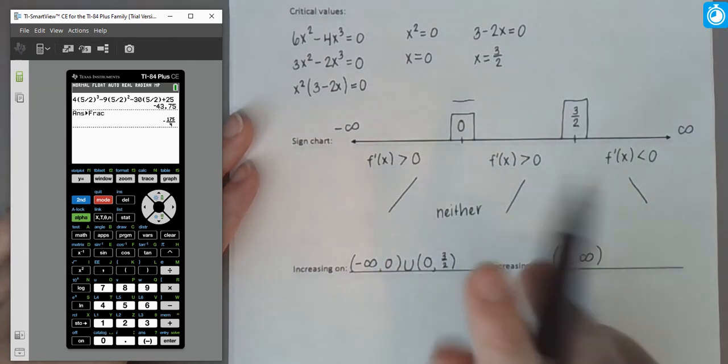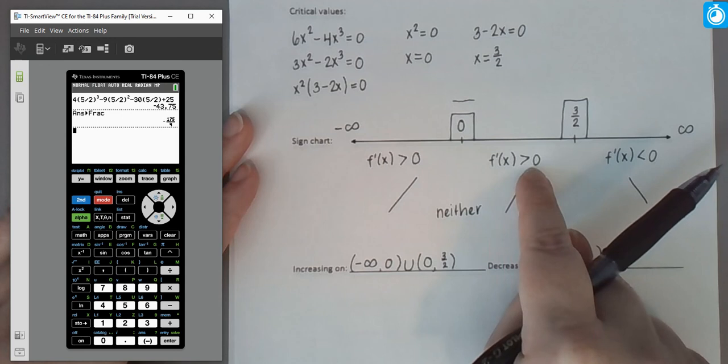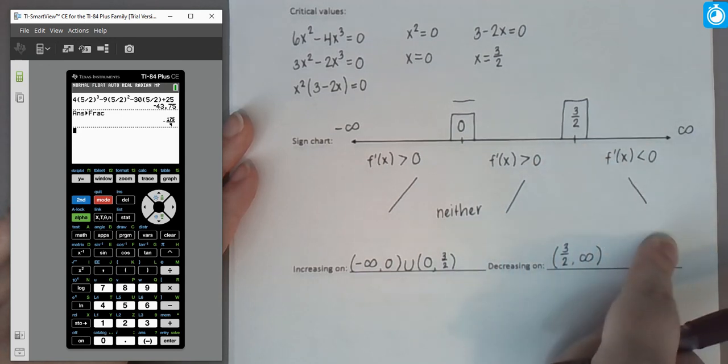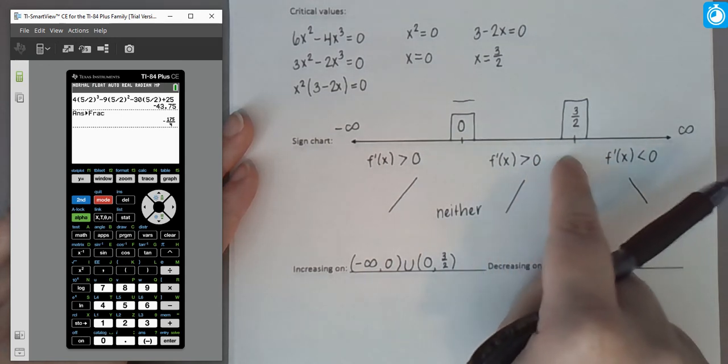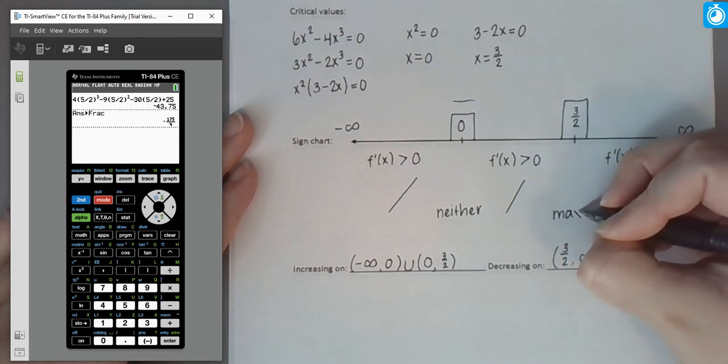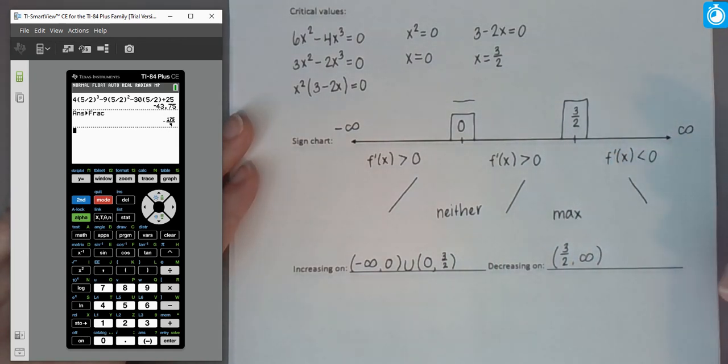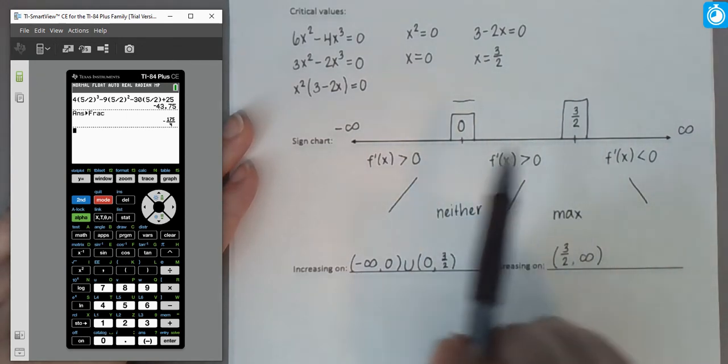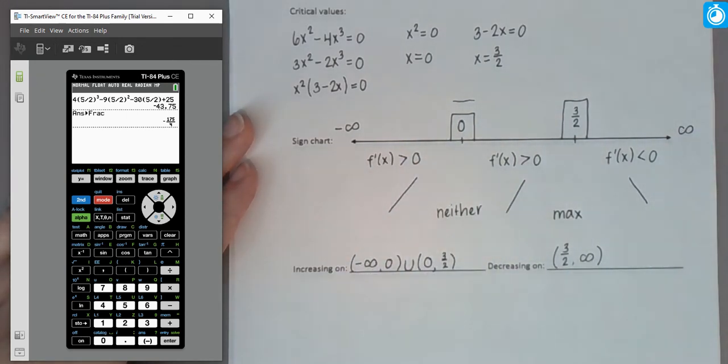Now, 3/2 on the other hand, we go from increasing to decreasing on the other side. So that means we have a peak in the middle. So this is going to be the location of a relative maximum. Well, these are our only critical values. So we don't actually have a relative minimum in this case. We don't have a valley represented on this graph.